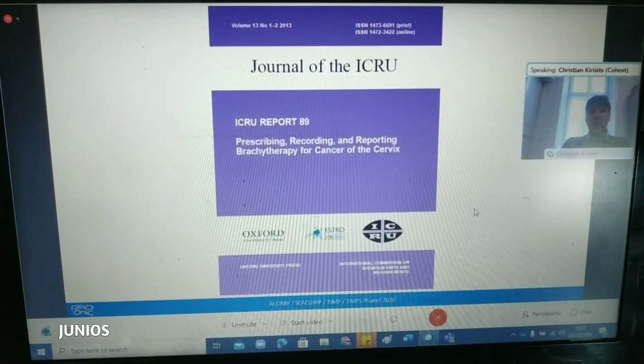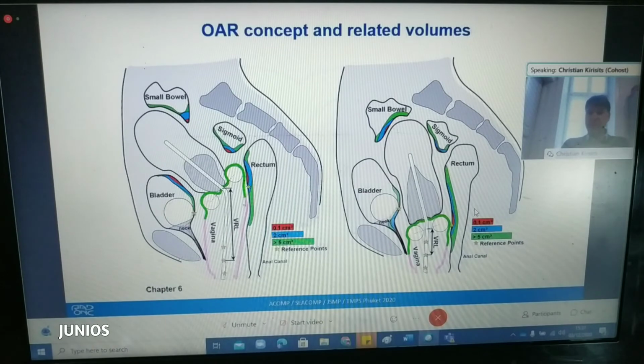From the ICRU, we have the concept of the bladder, rectum, sigmoid, and bowel dose, but also from the spatial dose distribution. So we have the 2 points still available. We have this situation here, the ICRU bladder point. In this situation, the ICRU bladder point gets actually a different dose here compared to here.